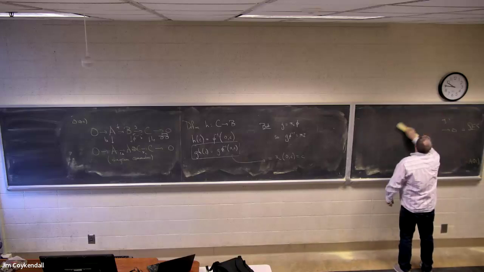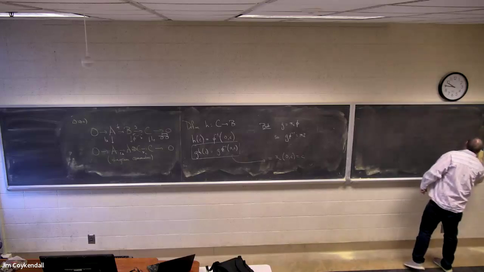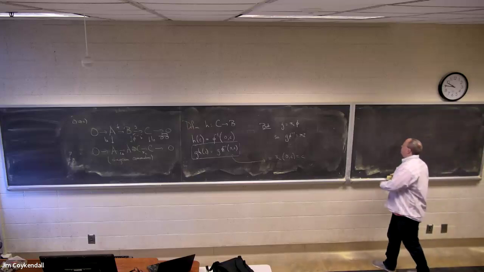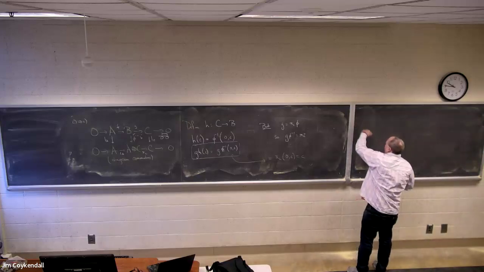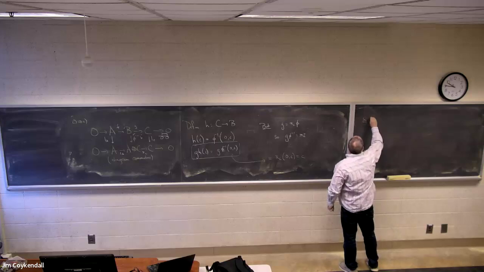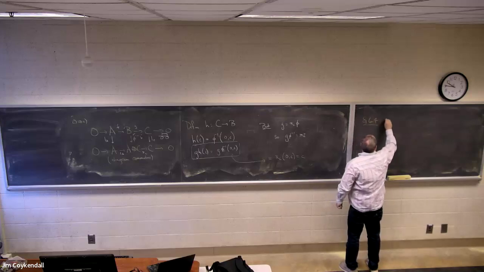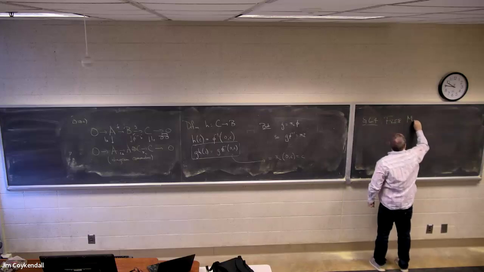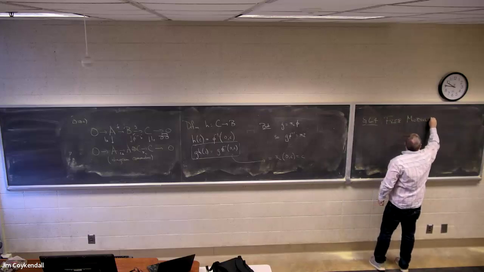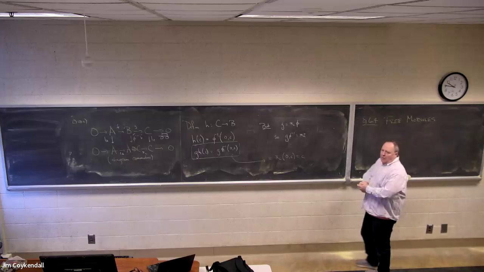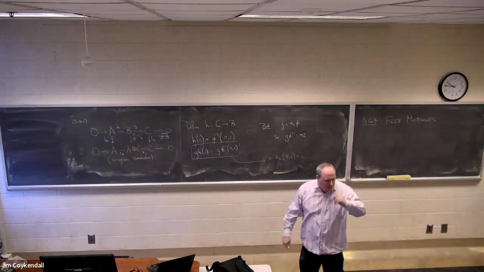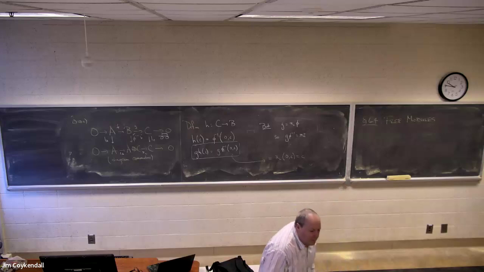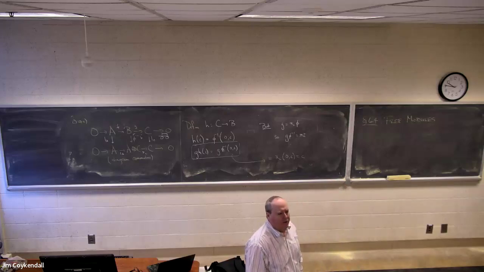Split exact sequences are very, very important all over the place. But here's something that will come up in this context as well. Okay, so in 8510, did you all see the fundamental theorem of finitely generated abelian groups?